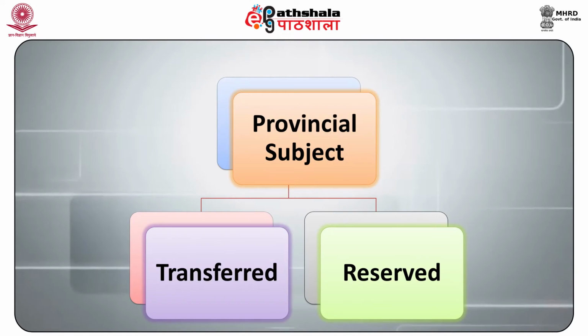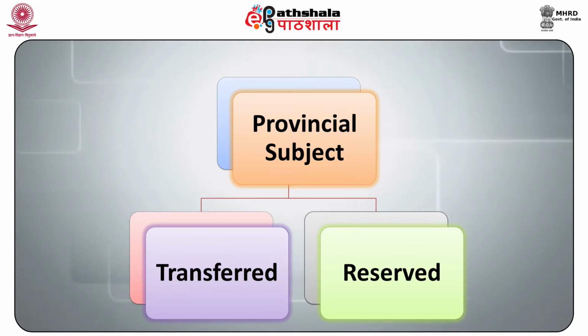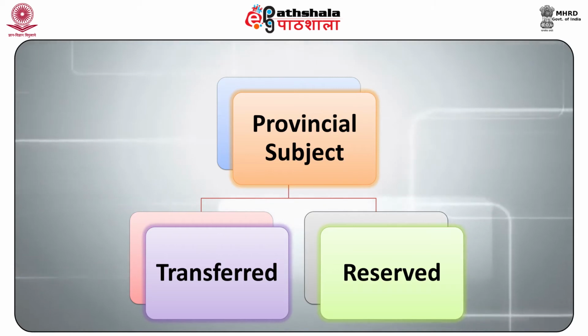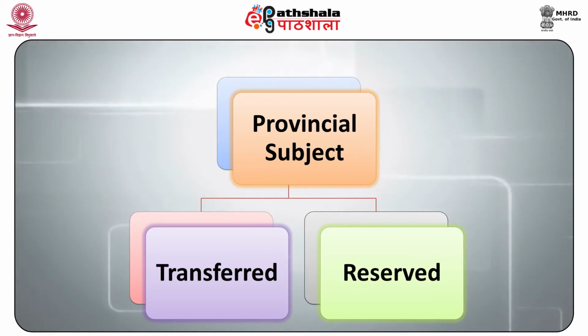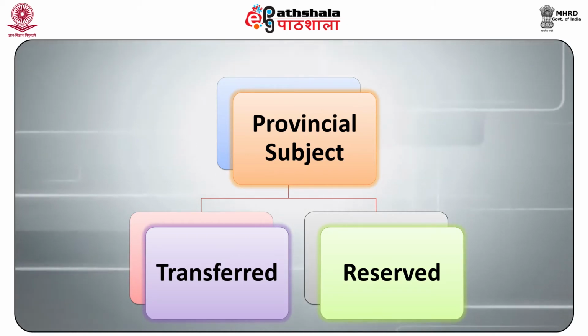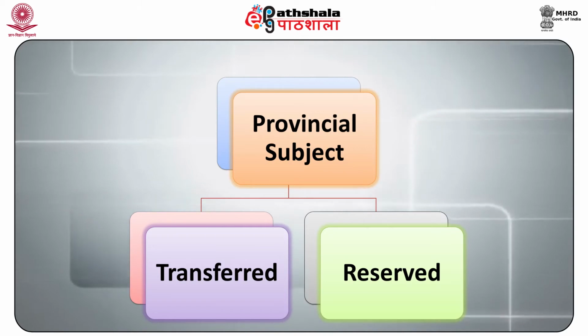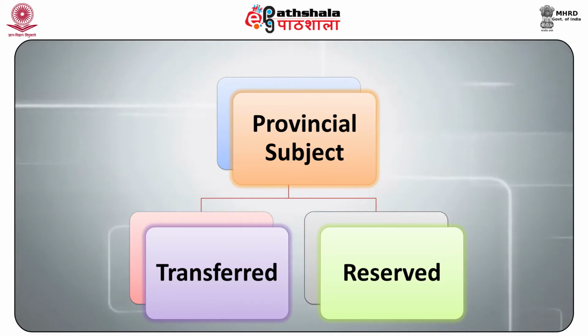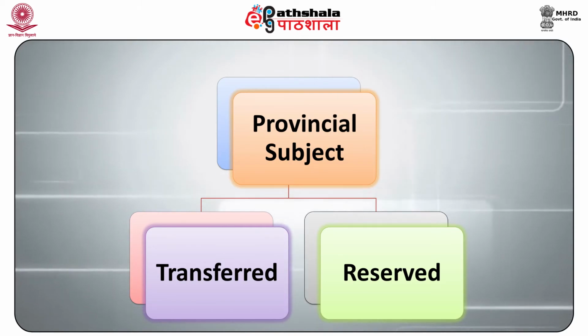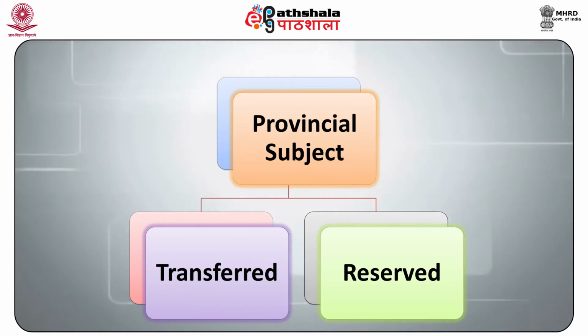It further divided the provincial subjects into 2 parts. Transferred subjects were administered by the governor with the help of ministers who are responsible to the legislative council, and reserved subjects were administered by the governor and the executive council without being responsible towards the legislative council.